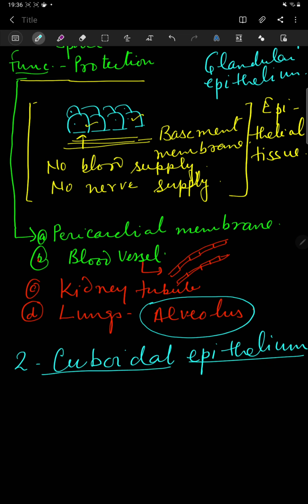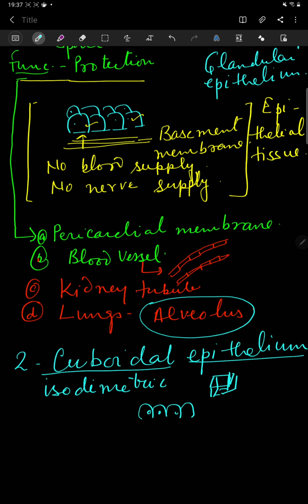The correct word for this cube-like structure is isodiametric. So how are the cells? The length and all six sides, of course these cells do not have sides exactly similar to a cube, but the cells look like this. If I make a layer of the cuboidal epithelium, it will look like this.